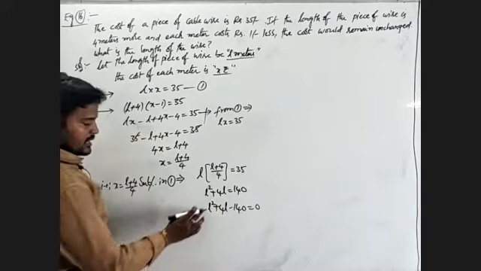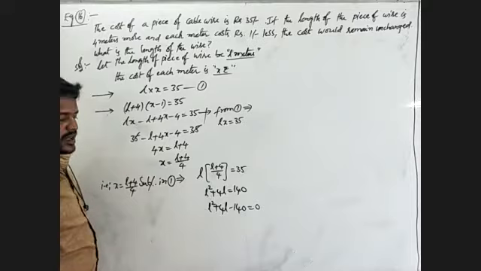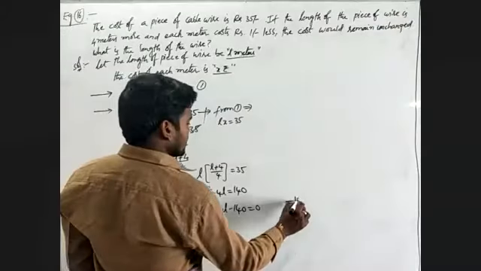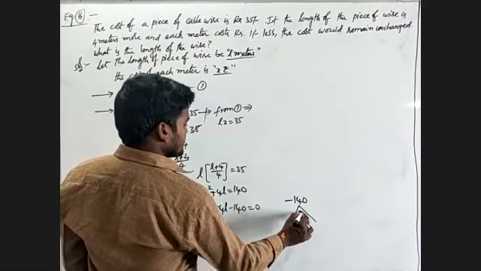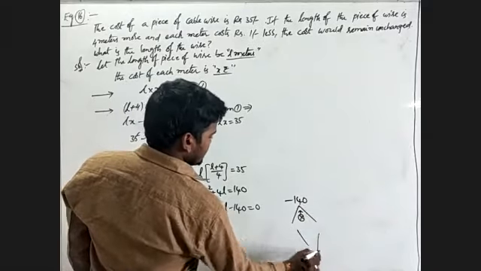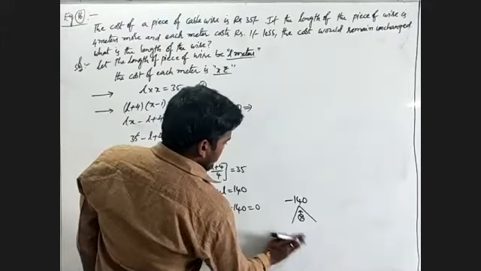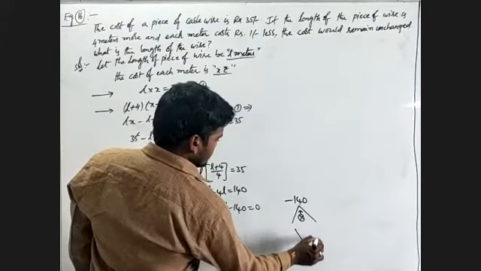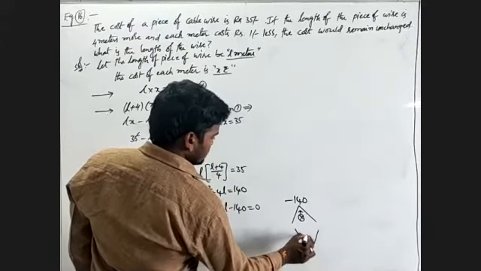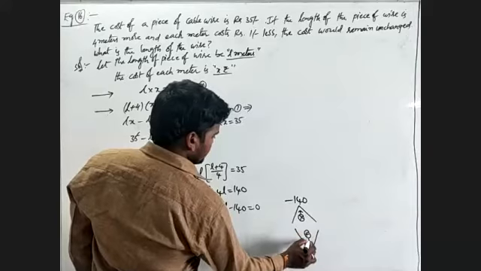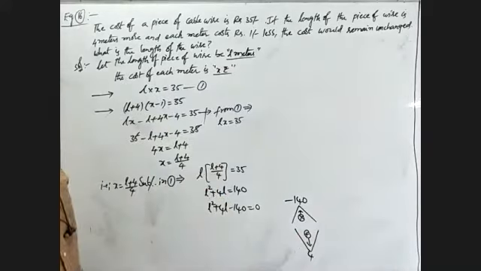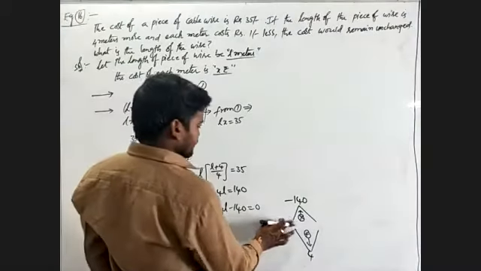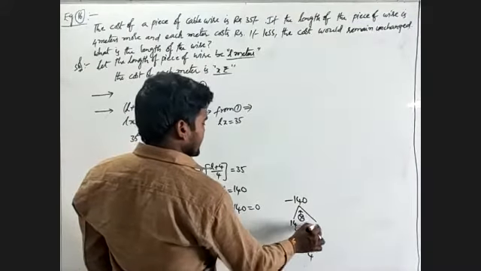L square coefficient is 1, constant is minus 140. We need two numbers whose multiplication is minus 140 and whose addition is 4. I will take the values 14 and minus 10.